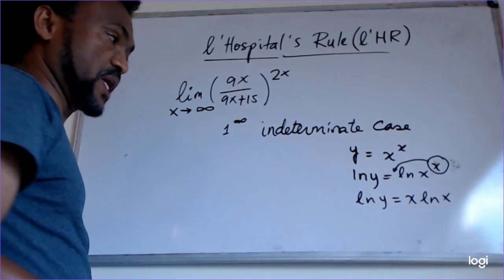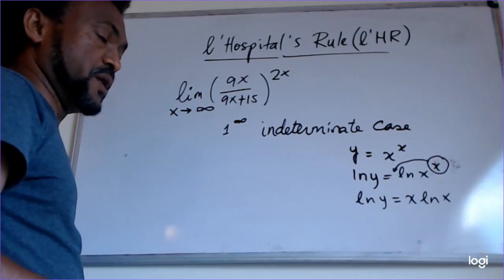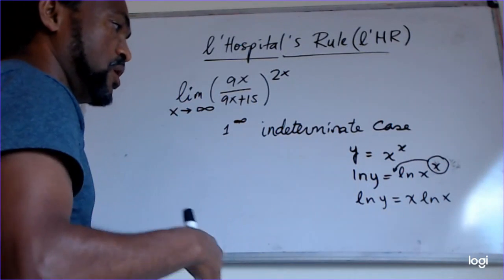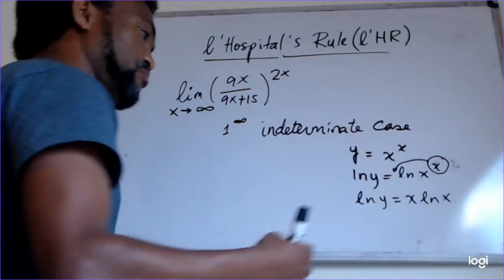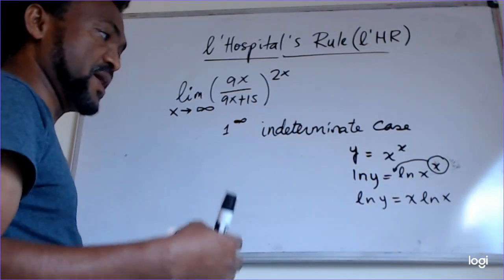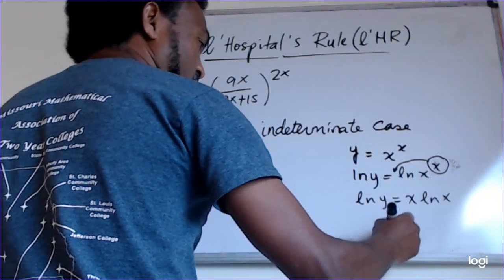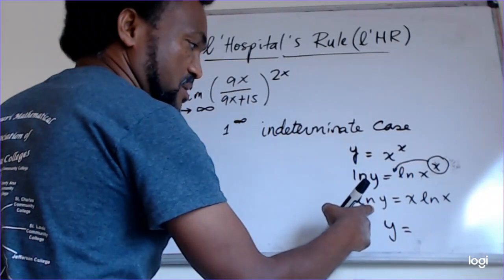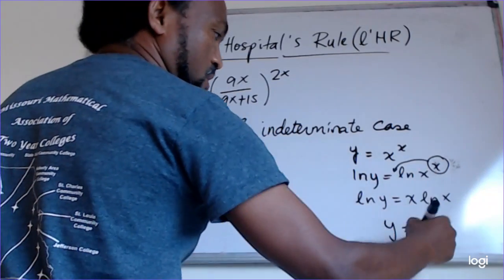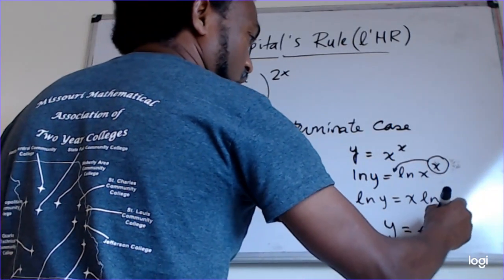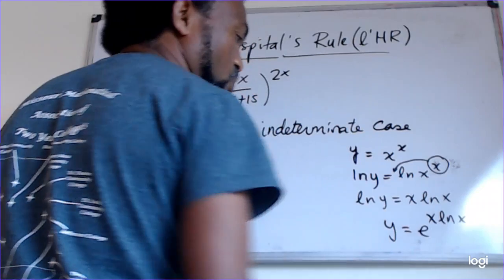Well, notice that the base is e, and when we change from logarithm to exponents, the base remains the same. So if I really tend to solve for y, this will be y equals, the base is e, to the power of the answer. So e to the power of x natural log of x is what y will be.